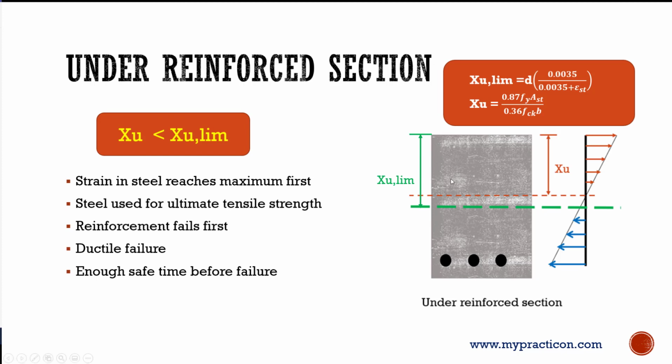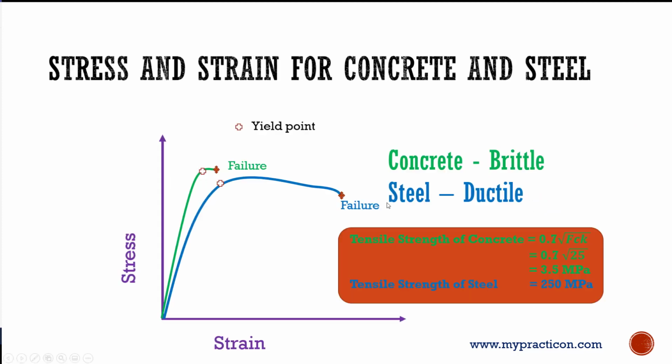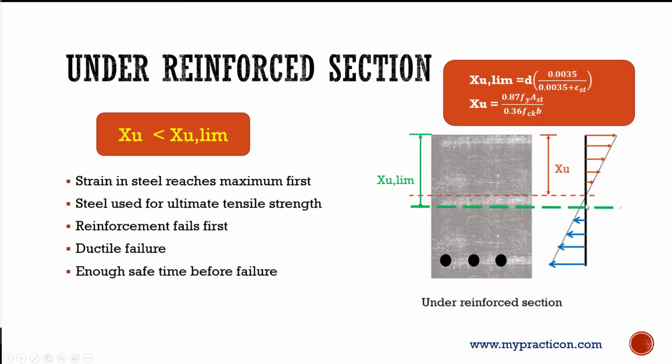This gives us the actual neutral axis. Now, if the actual neutral axis is less than XU limited, straight away we can assume that this section is an under reinforced section. And as stated earlier, in an under reinforced section, steel fails first and then the concrete. So that means steel first reaches its maximum limit.